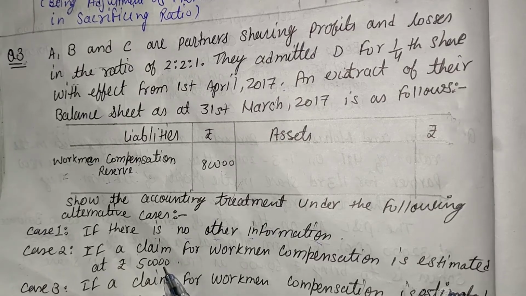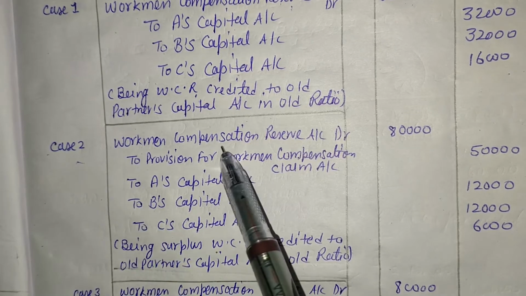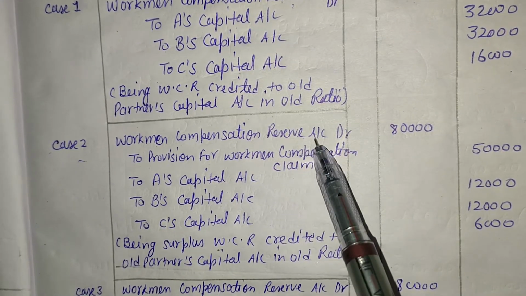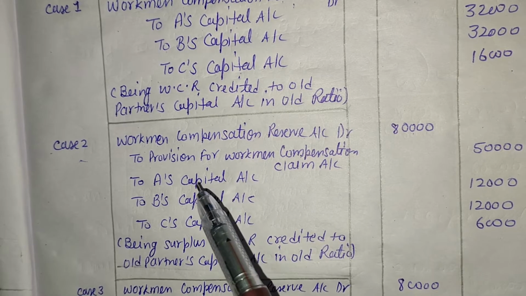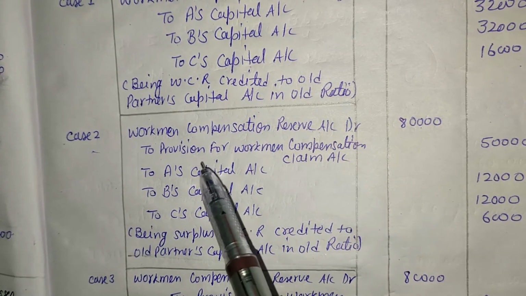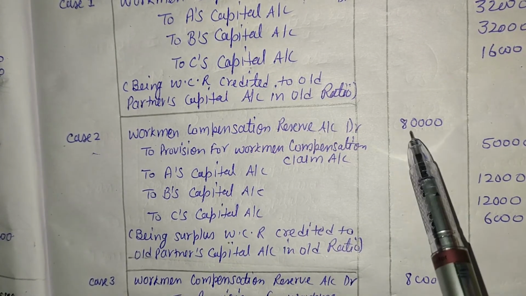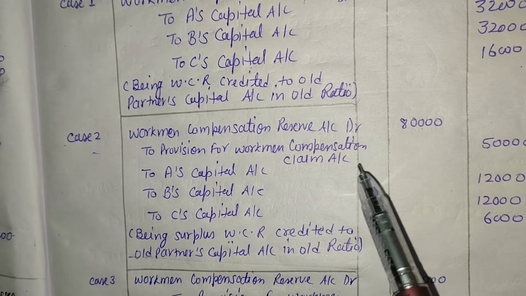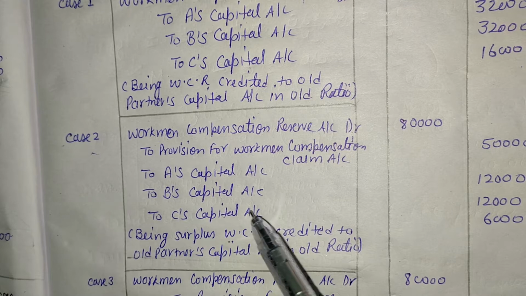In that case what will we do? So in the second case, workman compensation reserve in the balance sheet is given as 80,000 and in the additional information 50,000 is given. So workman compensation reserve account debit to provision for compensation, that is 50,000, and the remaining 30,000 is divided among the partners' capital accounts, to A's capital account, to B's capital account, to C's capital account in the old ratio.